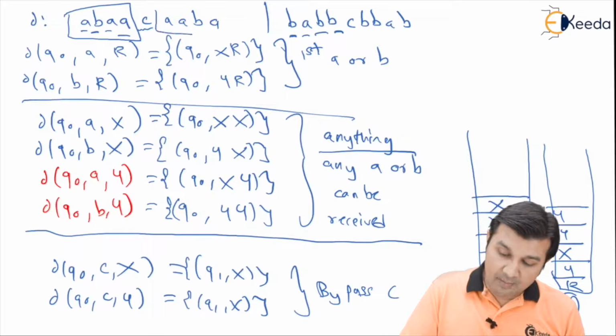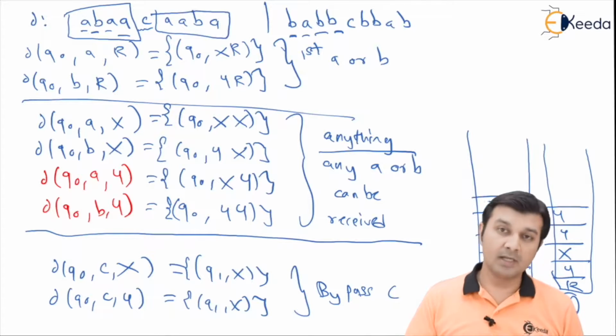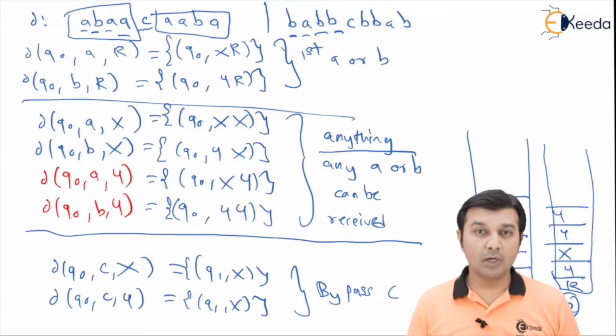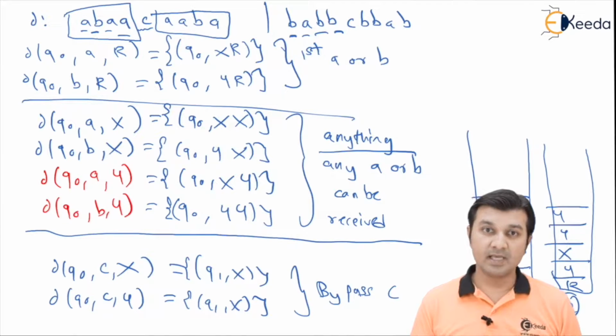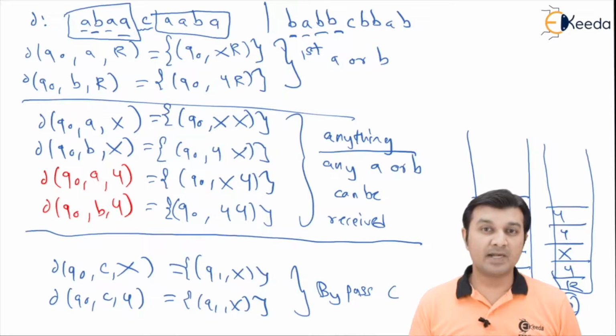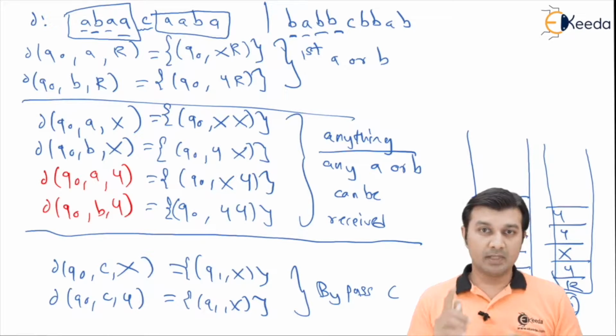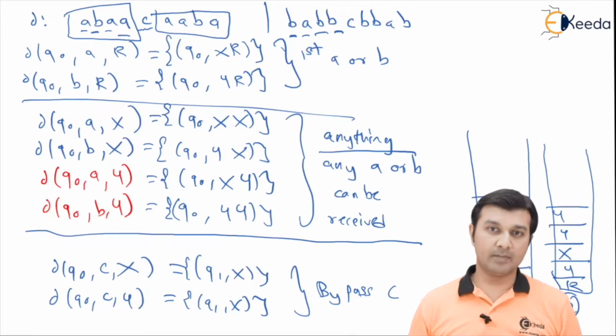Whereas when I am performing the pop operation, now I want the order to be exactly same as that of the push operations. That is, if there was a Y at the top, that signifies that after C compulsorily a B should come, right? So then only that palindrome matching can be done.